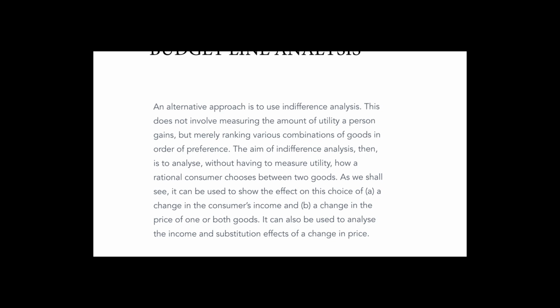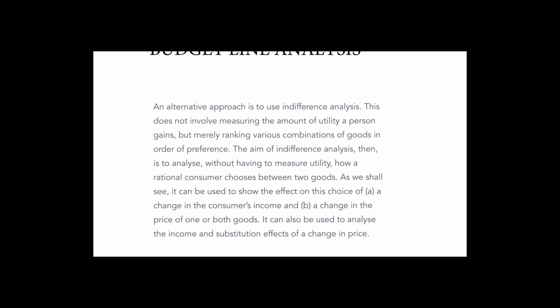Okay? Indifference curve is about two goods, and the consumer is not thinking about how much utility he gets from each product, but how much utility he gets from a bundle. If I use a combination of X and Y, how much satisfaction will that combination give me? It's not about the individual anymore, it's about bundles.